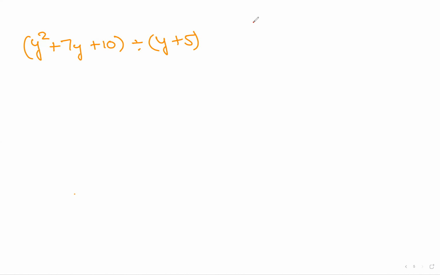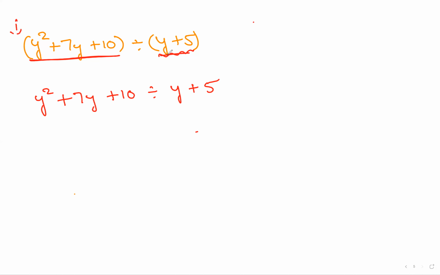So now, why am I writing in brackets? The brackets mean that (y + 5) is dividing the whole expression y² + 7y + 10. Okay. I will rewrite this expression without brackets: y² + 7y + 10 divided by y + 5. Can anybody tell me what is the change here? In the first one, (y + 5) is dividing the whole expression.